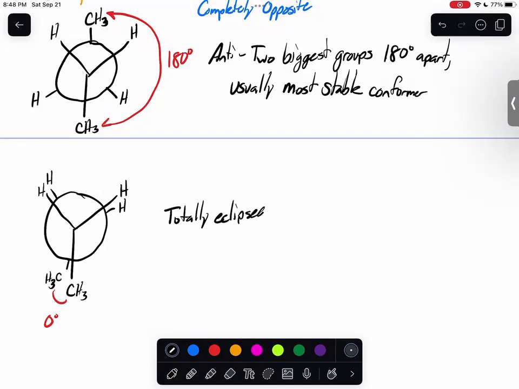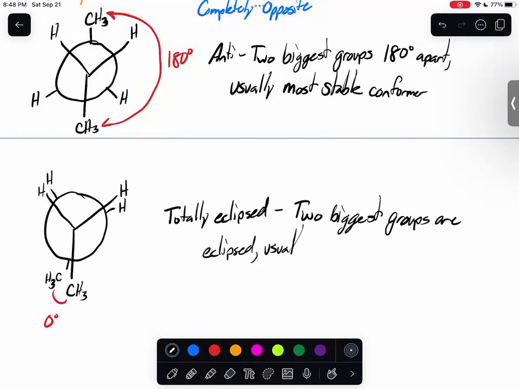Where the two biggest groups are eclipsed, and this is usually the least stable conformer.